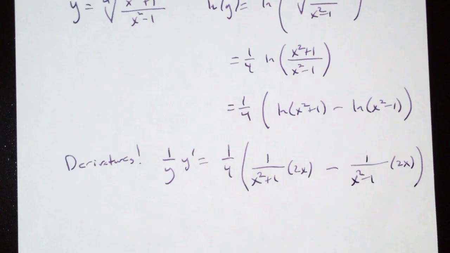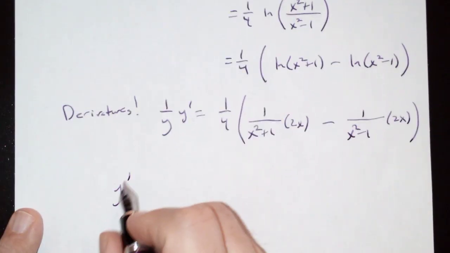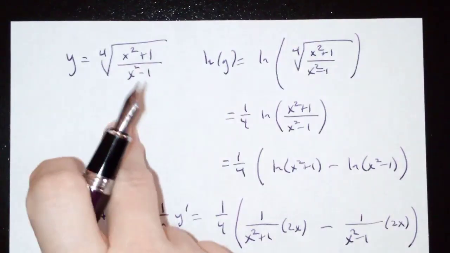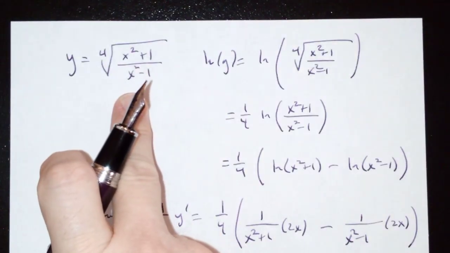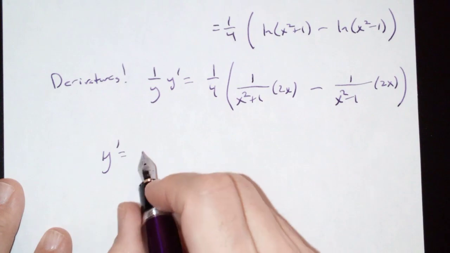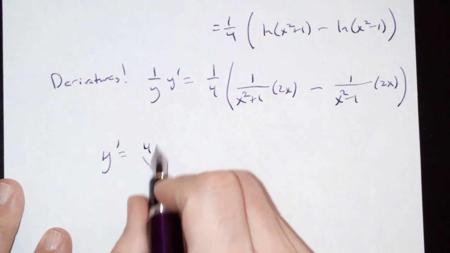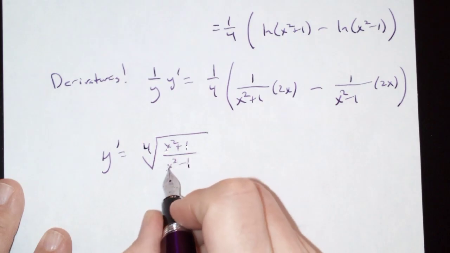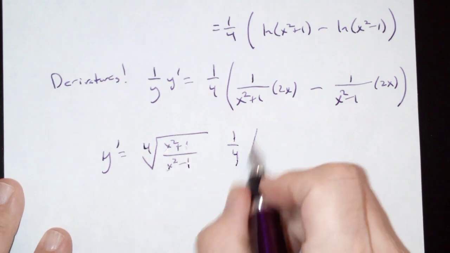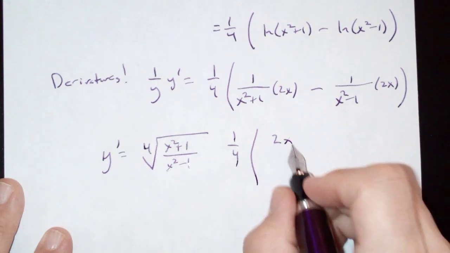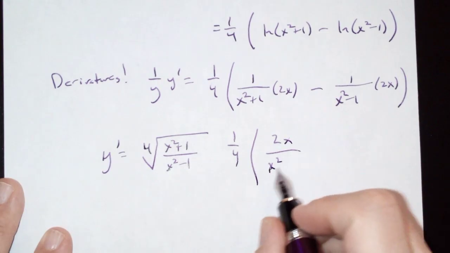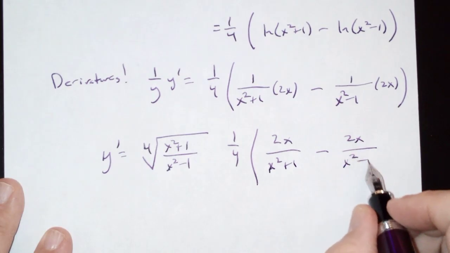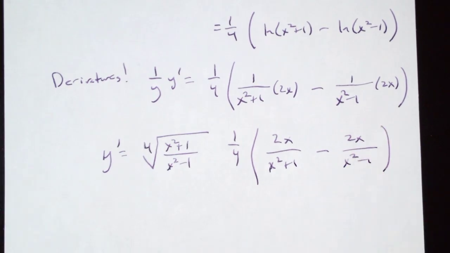My goal was to get y prime alone. Y prime equals, I'm going to put a y over there, but this is y. So I get 4th root of x squared plus 1 over x squared minus 1 times 1/4 parentheses 2x over x squared plus 1 minus 2x over x squared minus 1.